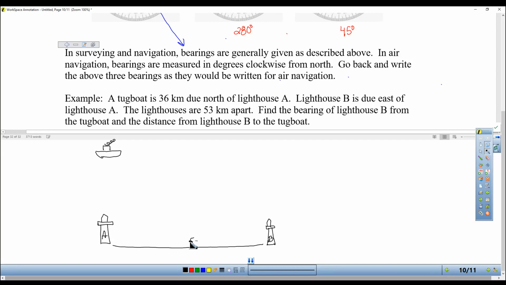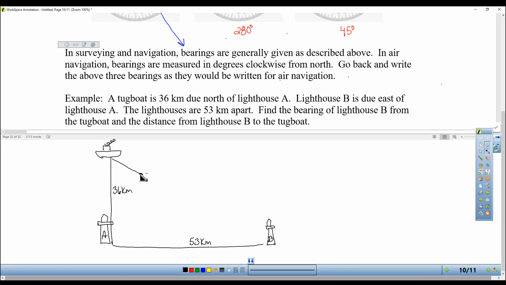The lighthouses are 53 kilometers apart, and the tugboat is 36 kilometers due north of Lighthouse A. So it says, find the bearing of Lighthouse B from the tugboat and the distance.